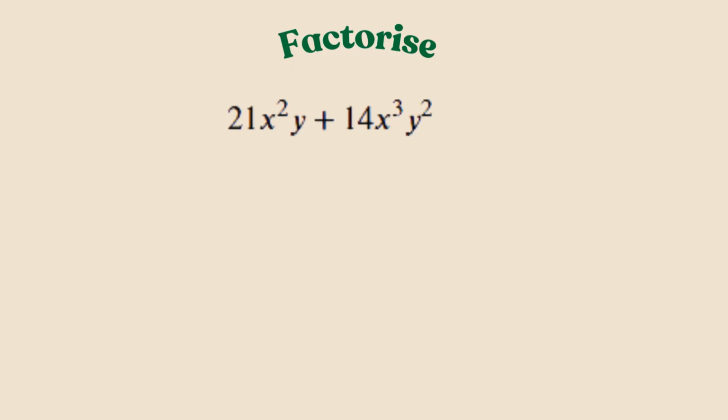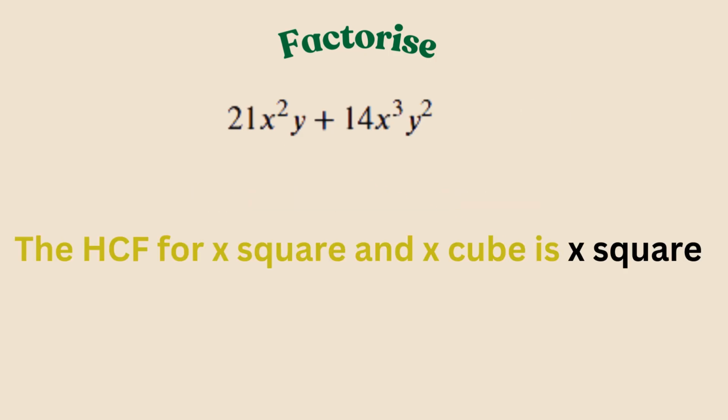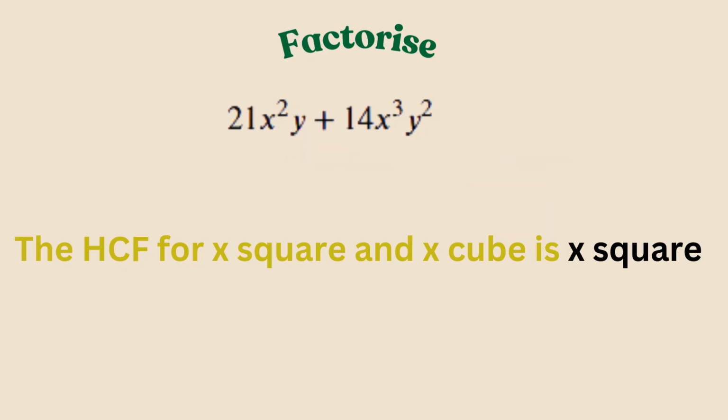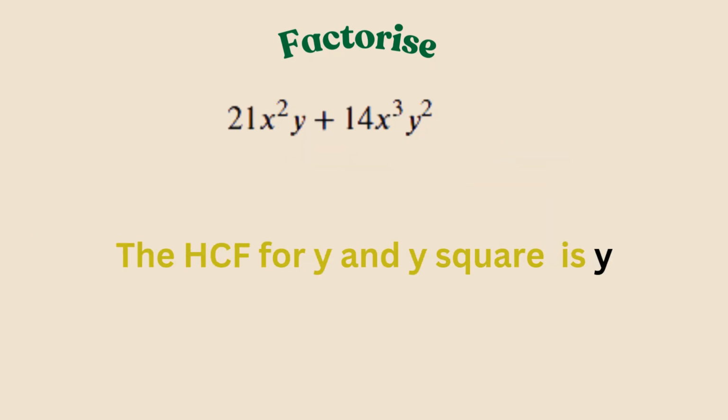For this expression, we need to find the HCF for each variable. We already know that the HCF for 21 and 14 is 7. For x squared and x cubed, the HCF is x squared since it has the smaller power. For y and y squared, the HCF is y.